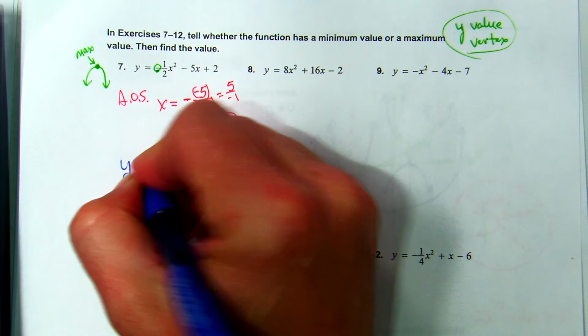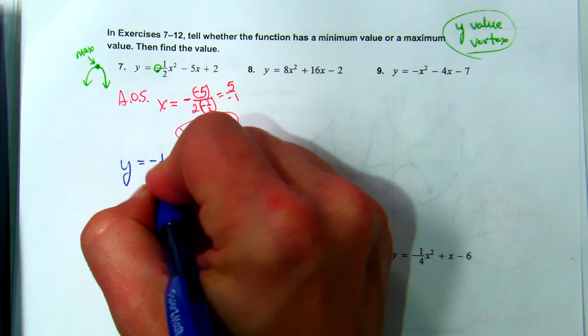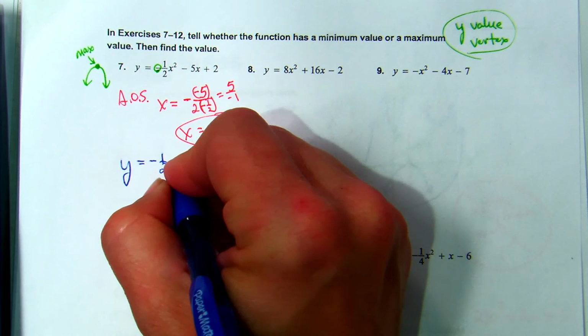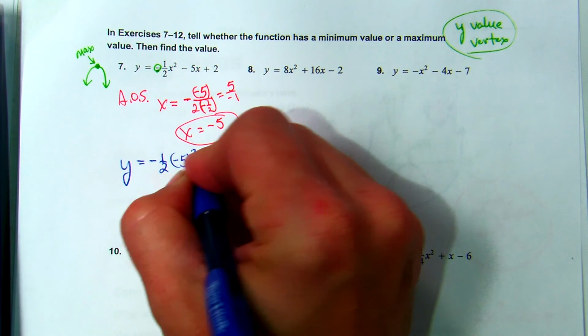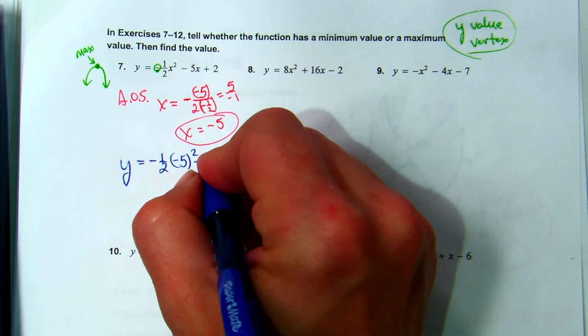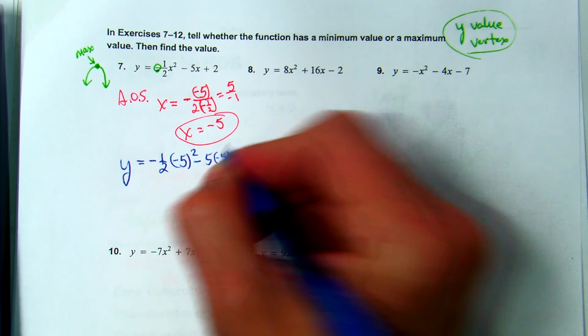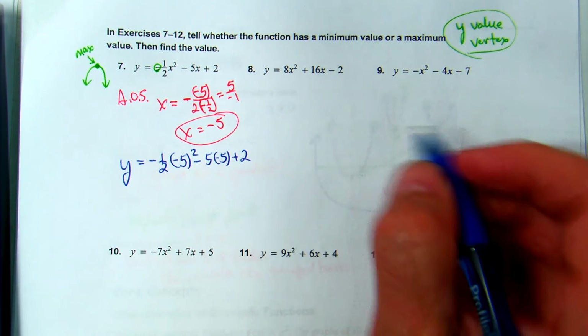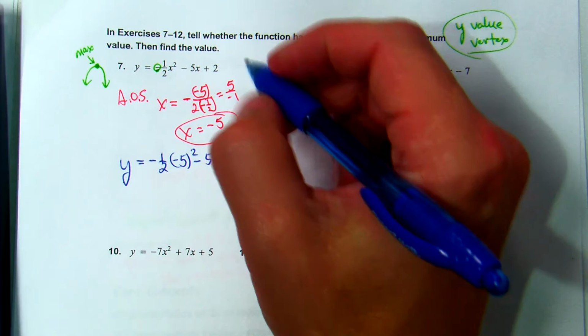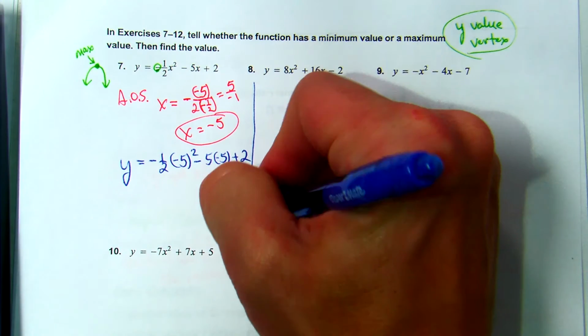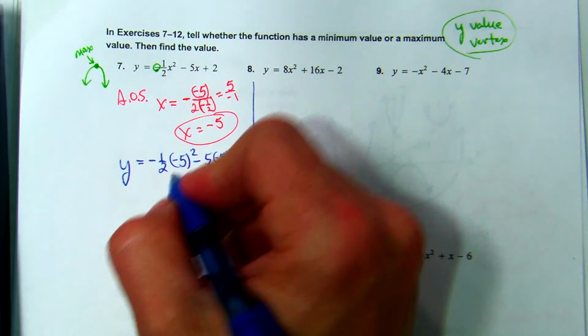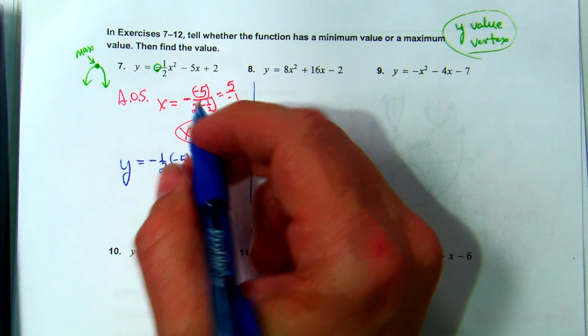Okay, so let's find out what that's going to be. y is going to equal negative 1/2 times negative 5 squared, minus 5 times negative 5, plus 2. We'll draw a little line here to separate these, make sure we don't overlap. We've got negative 5 squared, which is 25.